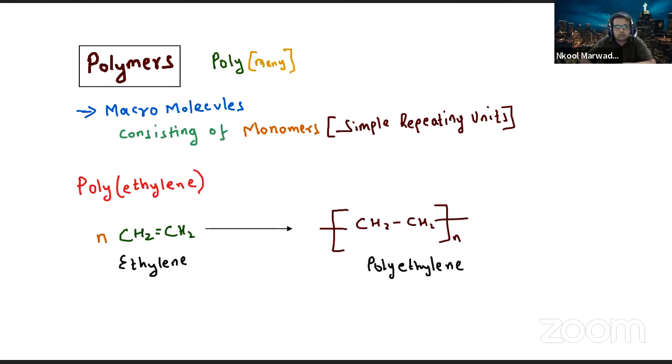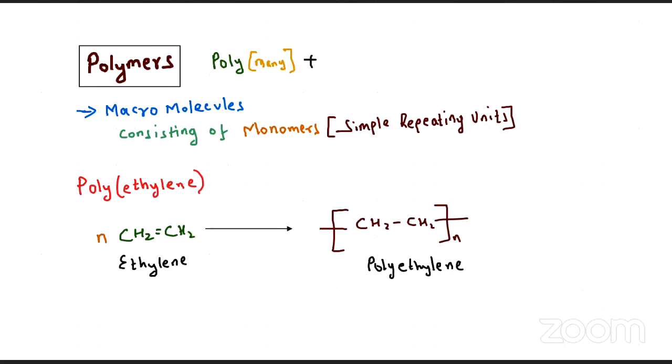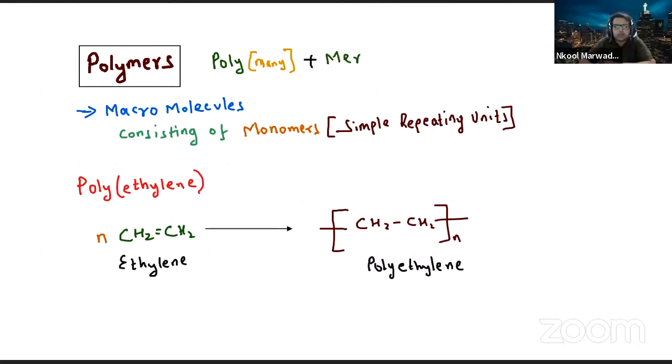So simple repeating units keep on repeating to form macromolecules. And those macromolecules are known as polymers.